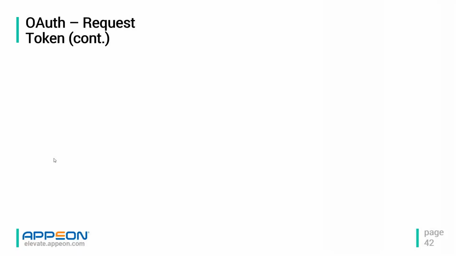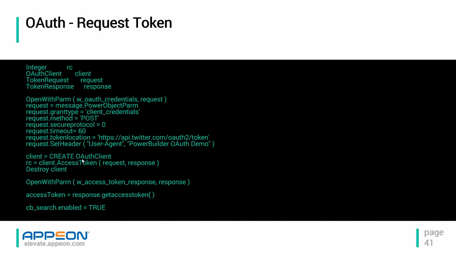Oh, too far, too fast. Hang on, going back. Okay, so I create the OAuth client. I take my request, which is what I populated here, and the response I'm going to get back from the service. So all I did so far is declare an instance of it. I didn't populate anything.